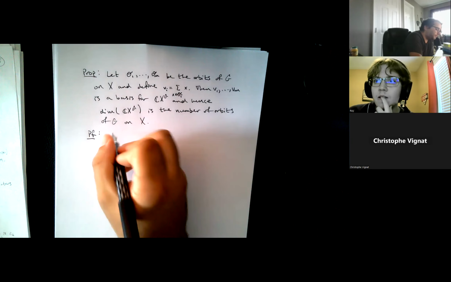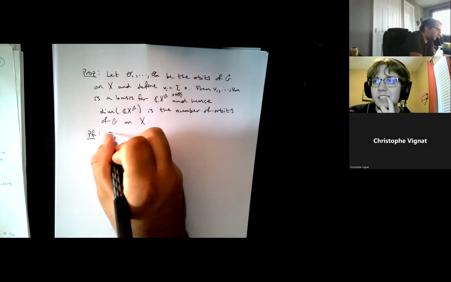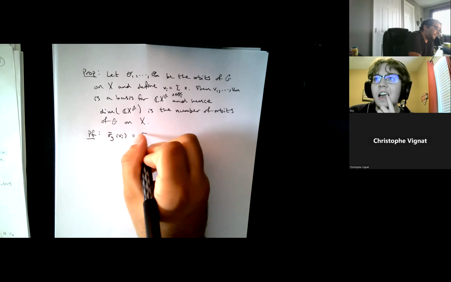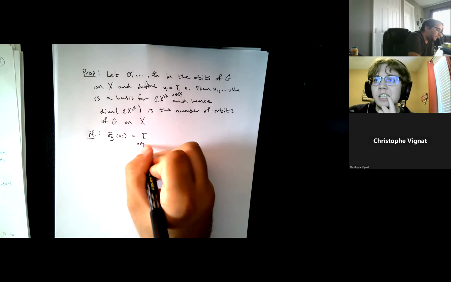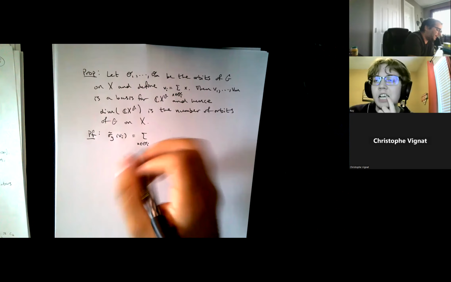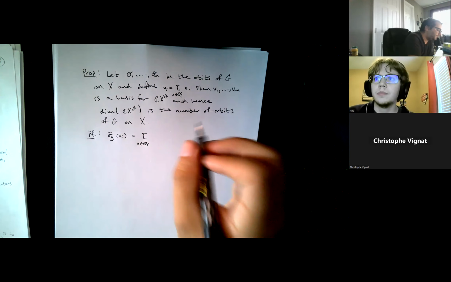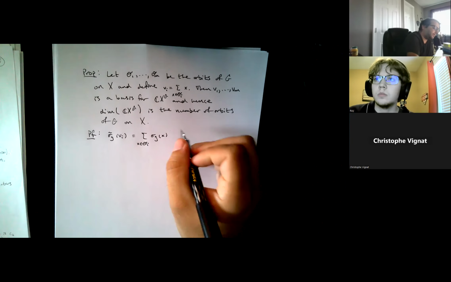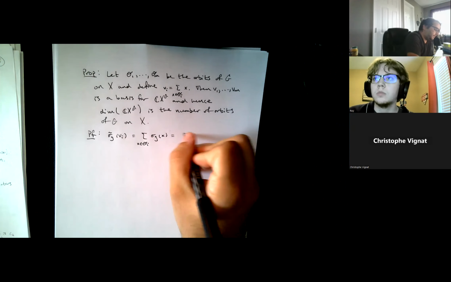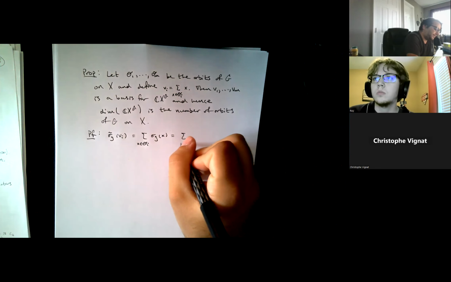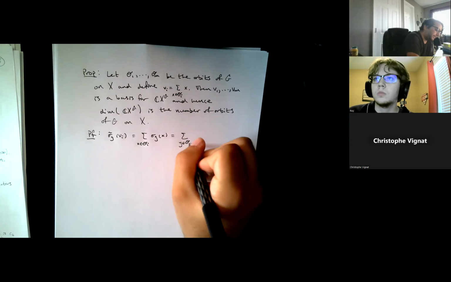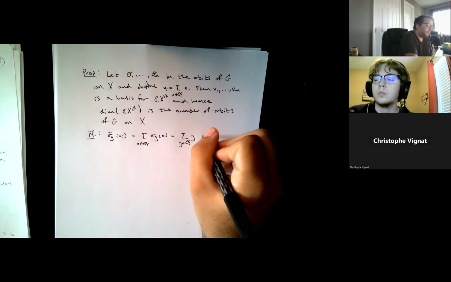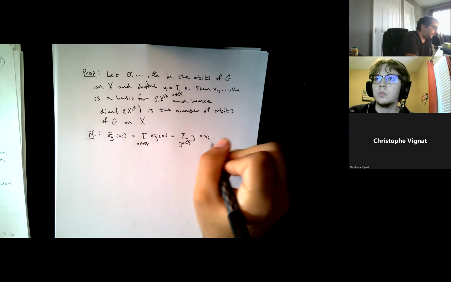So first observe that sigma G tilde acting on Vi, the ith basis element, is the sum over x in Oi, the ith orbit, of sigma G of x. Another way to write this is the sum over y in the ith orbit of y, which is Vi.